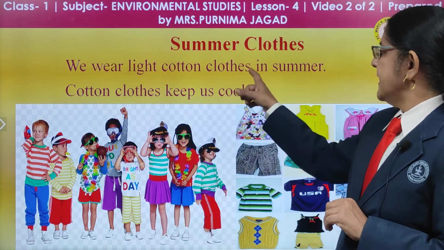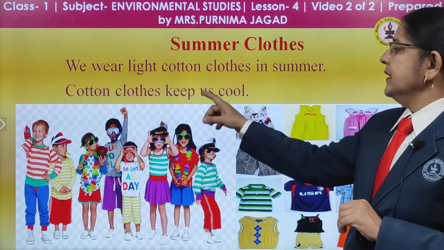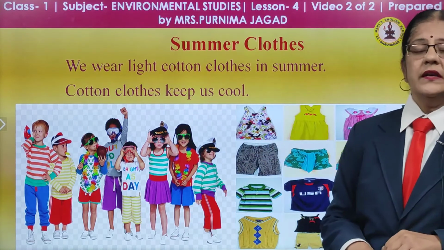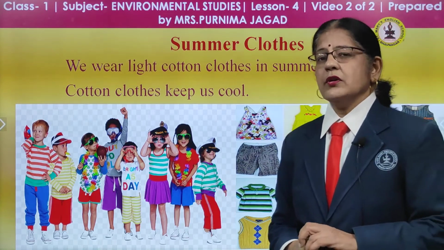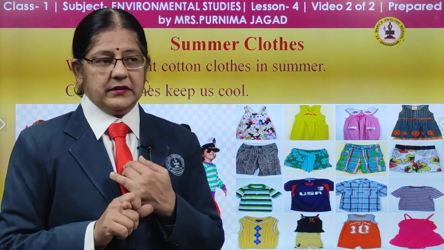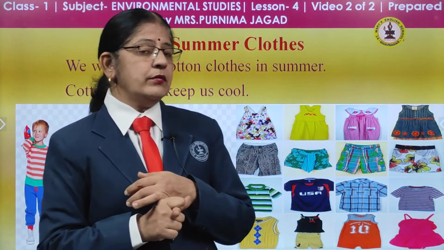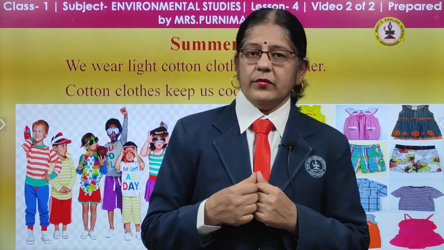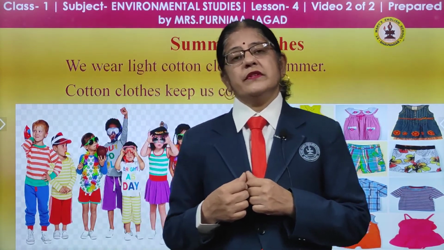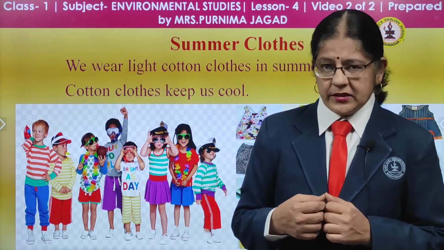We don't wear very thick or very heavy clothes, like woolen clothes or silk clothes, because they are very heavy and keep our body more warm. But in summer season we need our body to be cool. So we wear light cotton clothes.